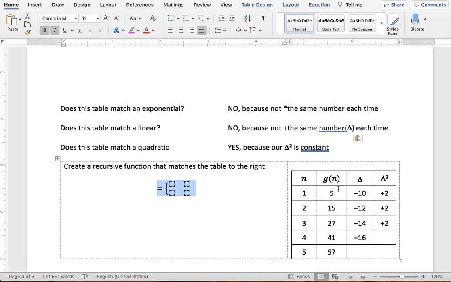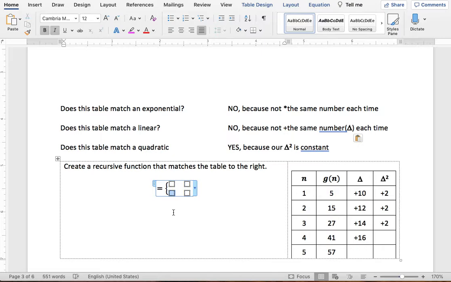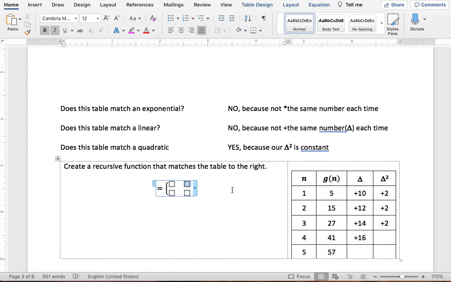Like I said before, for everything except this point right there, I'm just looking at these four here. So I'll do it in the same order. Our independent variable is n.